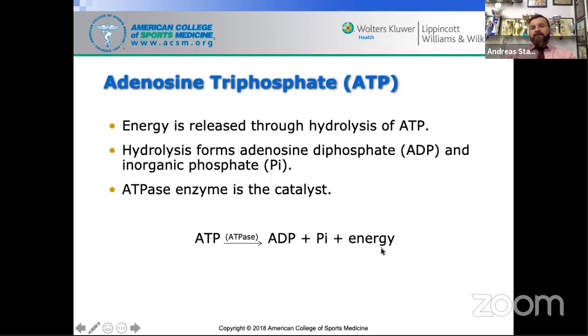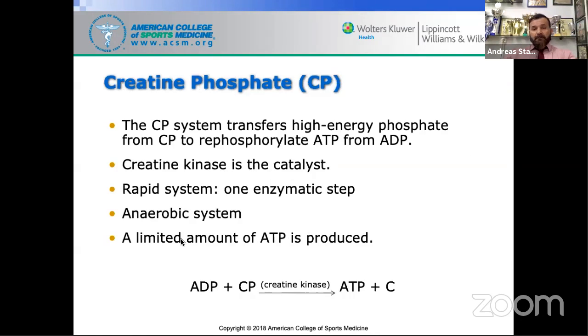Some of that energy will just be released outside the body through heat, and some of it we will use. That's what we're looking for. That's why we have this in order to get this, okay? Excuse me. But as I said, we only have a few, some, for seconds, okay? Then we need to create more. So we end up with ADP. What are we gonna do?